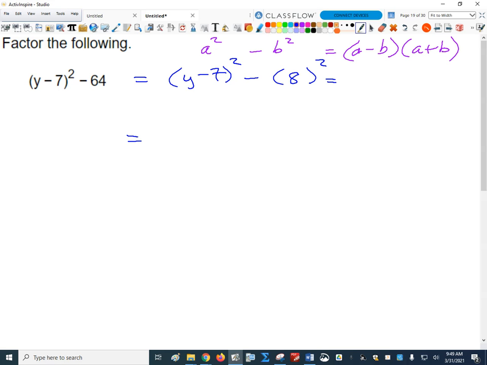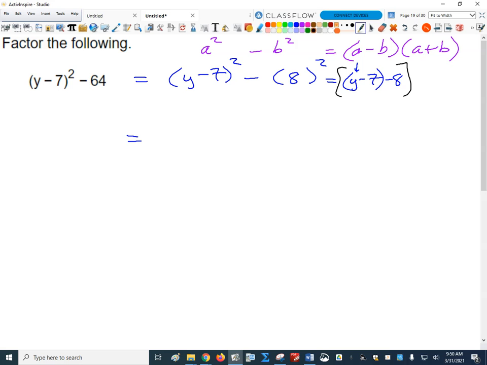Well, A is y minus 7, agreed? Okay, so I'm going to have a y minus 7. I'm going to need some brackets here, right? Because I've got parentheses already inside my grouping. So y minus 7 minus what? 8. Everybody see that?